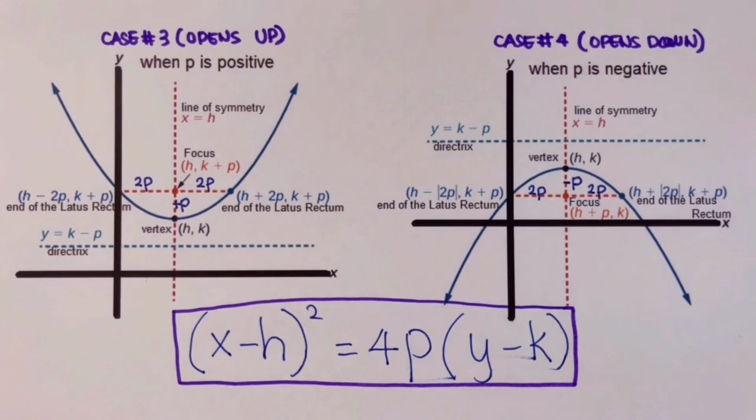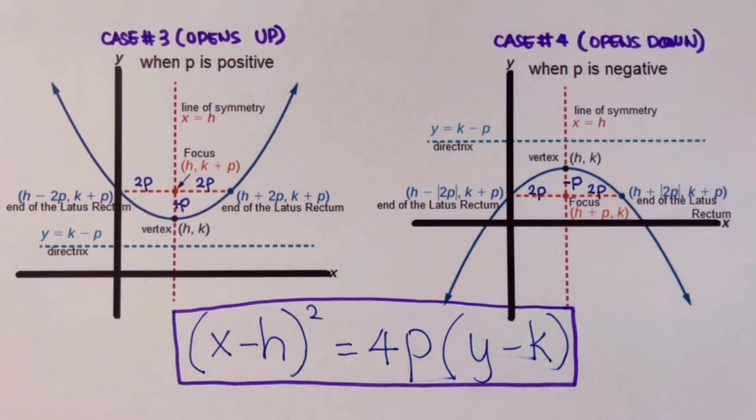Based on the review that we did at the beginning of this video, this is an example of case 3, and we have a positive p. This tells us that this parabola opens upwards. Based on this equation, the vertex of this parabola is located at (-2, 1), and this case again is case 3, and it opens up.